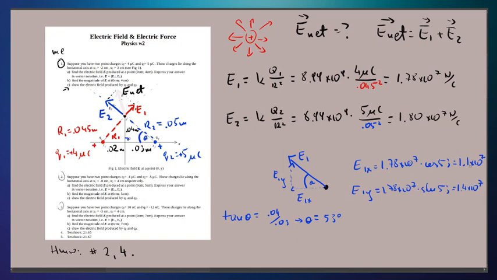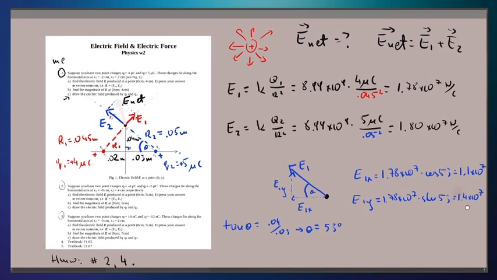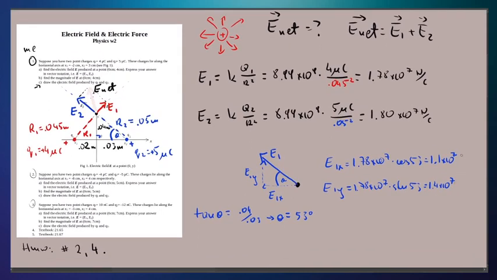So I get 1.1 times 10 to the 7th and 1.4 times 10 to the 7th, and I should add units to this. So this is newtons per coulomb. Right, so I have x and y components. I could put it like this: the x component 1.1 times 10 to the 7th, comma, 1.4 times 10 to the 7th, but now I have to pay attention to the signs.